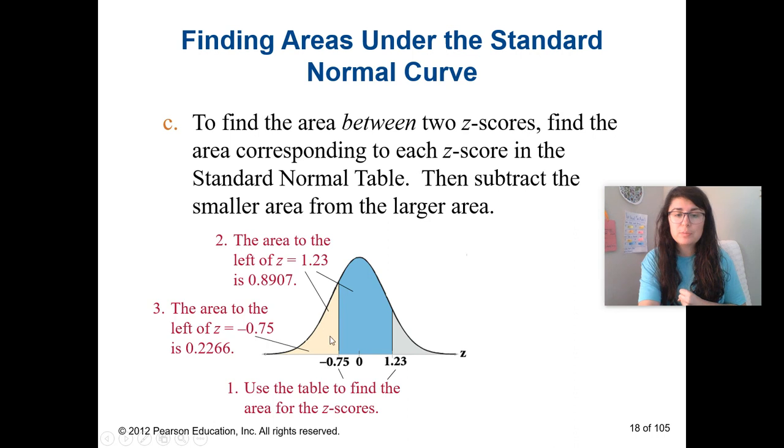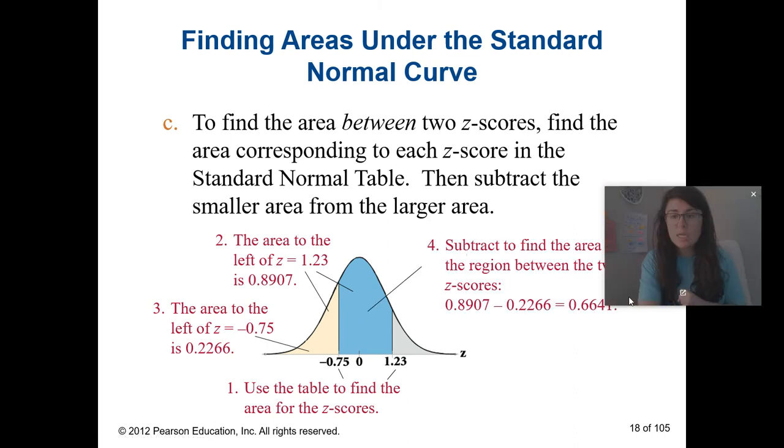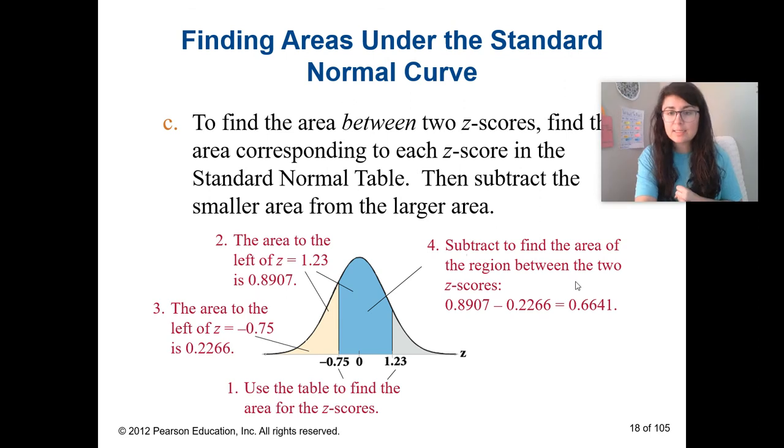If all of this was blue and I took out that little cream piece, then I would only have the area between. So that's what we do. We subtract to find the area of the region between. So we take the larger area, we subtract the smaller area, and we have in here, this blue portion is 66.41% of the data. And that is how you find the area between two z-scores.